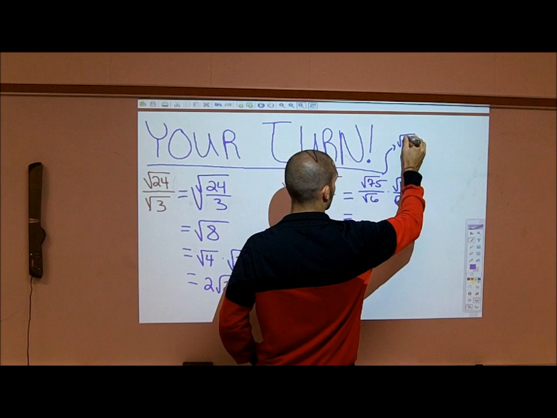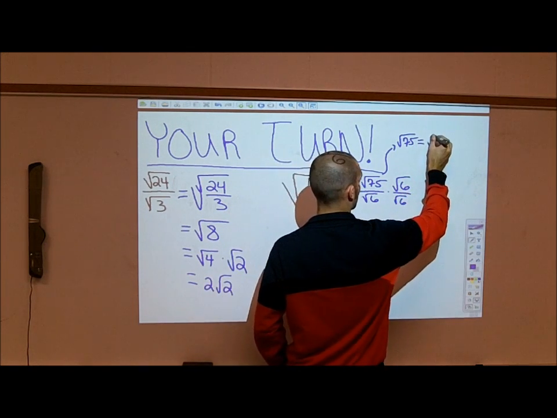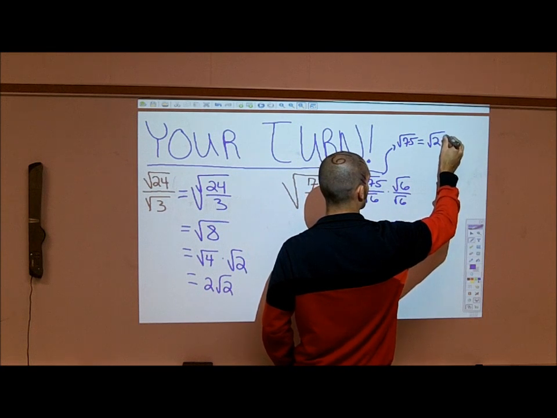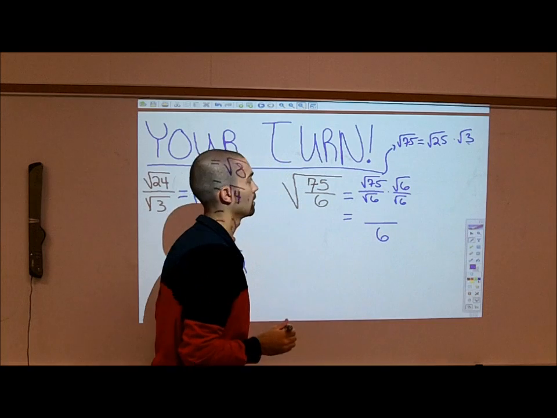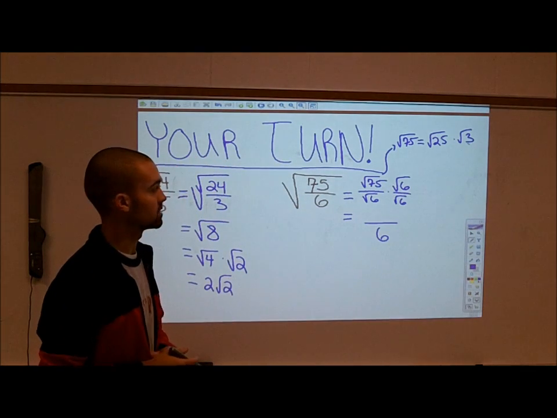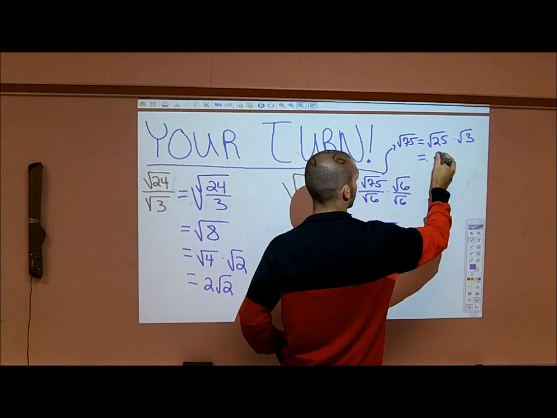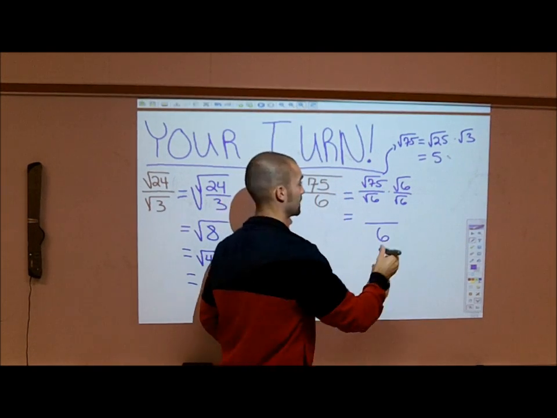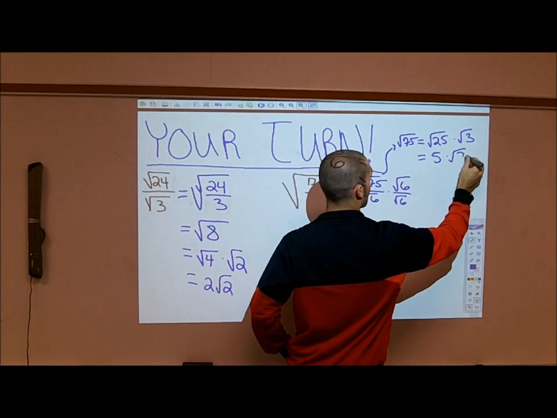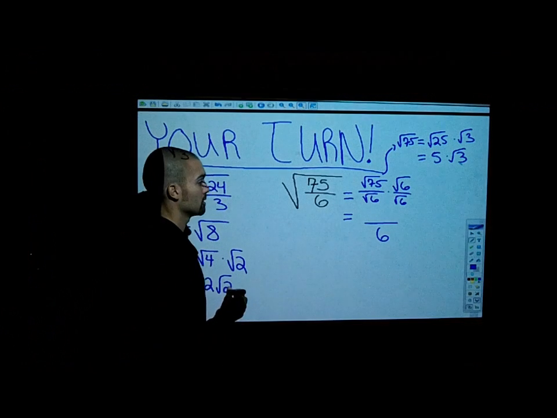Square root of 75 is equal to the square root of 25 times the square root of 3. We know, though, that we can take the square root of 25 and get 5. And we cannot simplify the square root of 3. So that's what our answer is going to be.